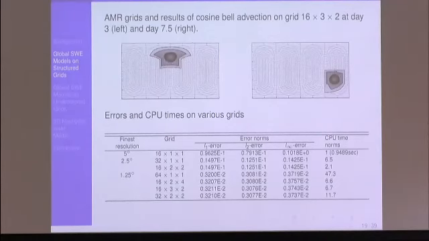Here are the errors and CPU times on different grids. We can see the result is reasonable. For example, this number means the level of a grid. If this number is 1, it means a uniform grid, 2 is a 2-level AMR grid, and 3 is a 3-level AMR grid. We can see the finest resolution.